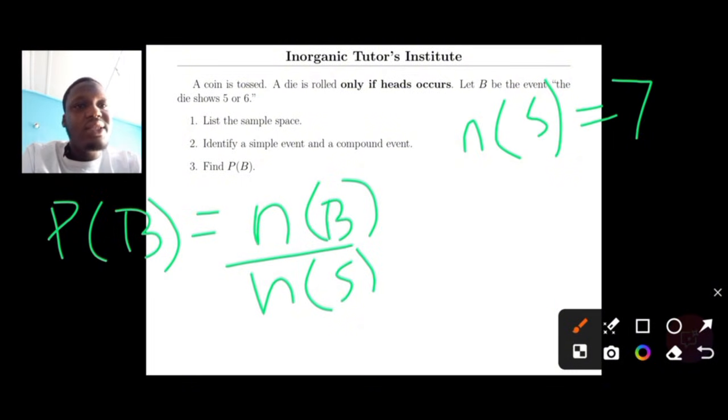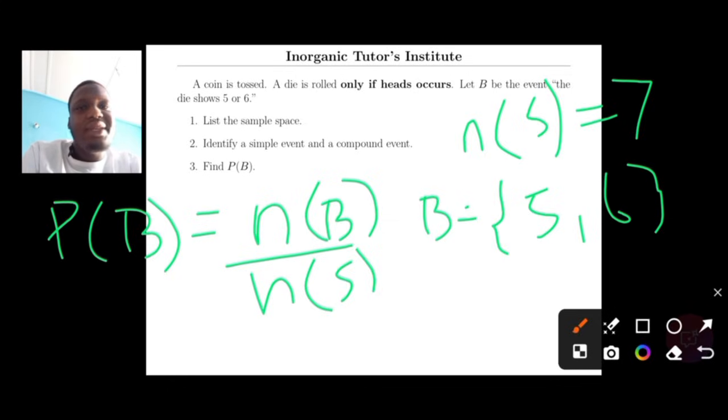Now we need to define what's the event of B. So the B says that the die shows 5 or 6. It doesn't mean you should write 5 or 6, because 5 or 6 is not even in the sample space. Any event that you write should be from the sample space, should be from the mother.